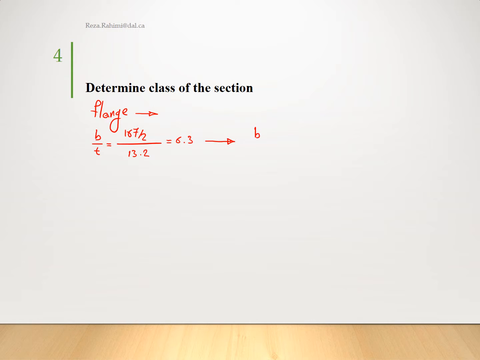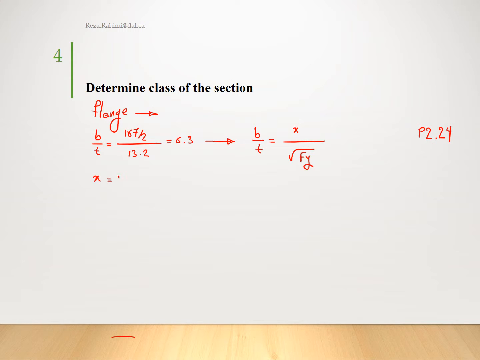Then we know that B over T is equal to X over square root of Fy. The benefit of doing this is that we can find X and then go to the tables, which is P2.24. In these tables, by comparing X to the conditions, you can find out which class your component is.